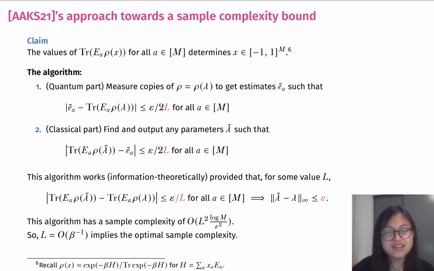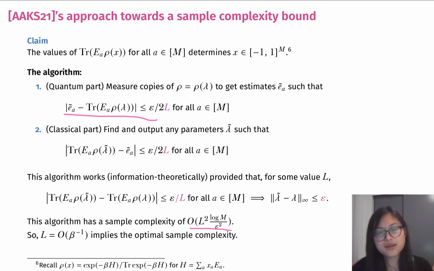Okay. So this is the fundamental algorithm for the sample complexity bound. And I'm going to rescale everything down by L so that the output is the desired error bound. And as I alluded to before, doing this quantum part is actually straightforward. You can get these estimates using a sample complexity of only L squared log m over epsilon squared.